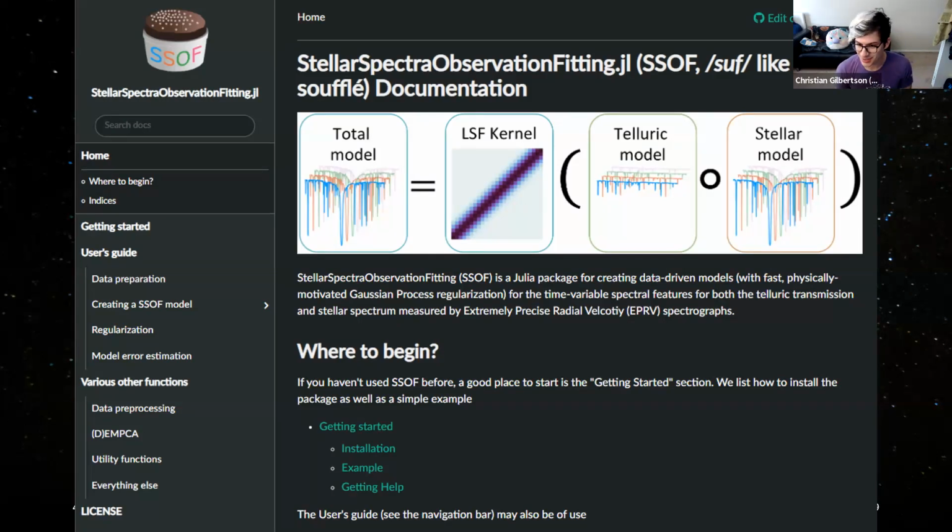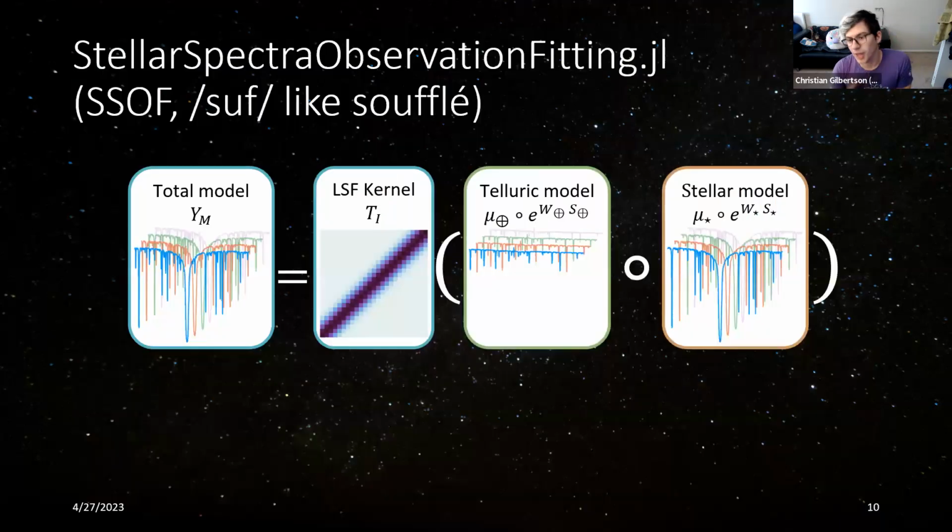Anyways, SOOF is an open source software package for measuring RVs and creating data-driven log linear models for the telluric transmission and stellar spectrum at the same time. We model this 1D spectrum as measured by EPRV spectrographs at each time as a multiplication of a stellar spectrum shifted by an RV with a telluric spectrum.